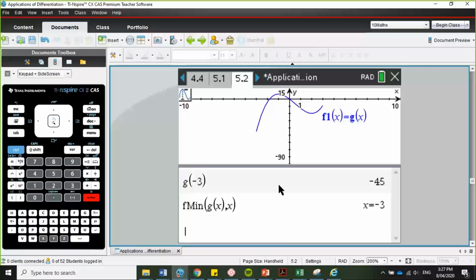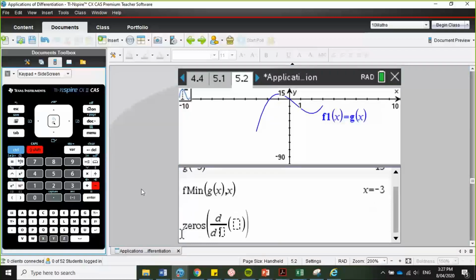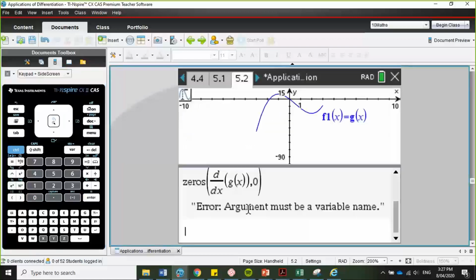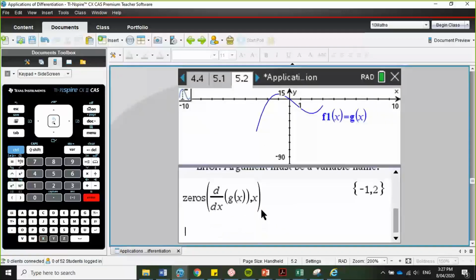Okay. Now, if they had asked us about the stationary points here, remembering that we can use the zeros command, which I've just typed in, but you can access that through menu, algebra, zeros. I can differentiate my function and find where my function has a derivative of 0. Sorry, I pressed 0 instead of x. There we go.